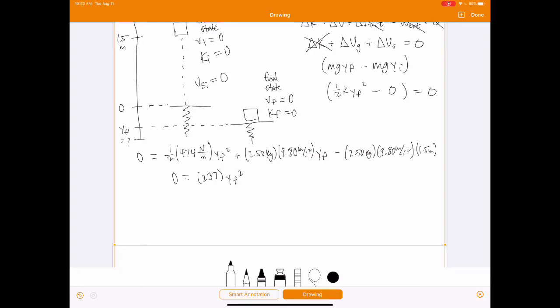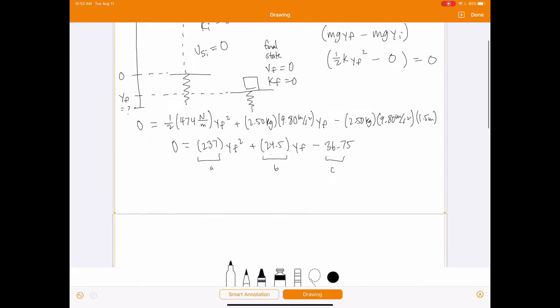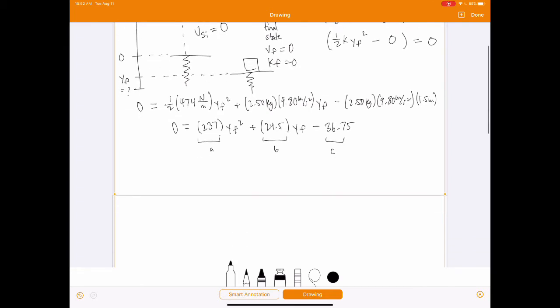And then the second term, the constant out front is 24.5. And then the last term is 36.75. Okay, so that's just the quadratic expression where the coefficients a, b, and c in the quadratic formula are shown right there.